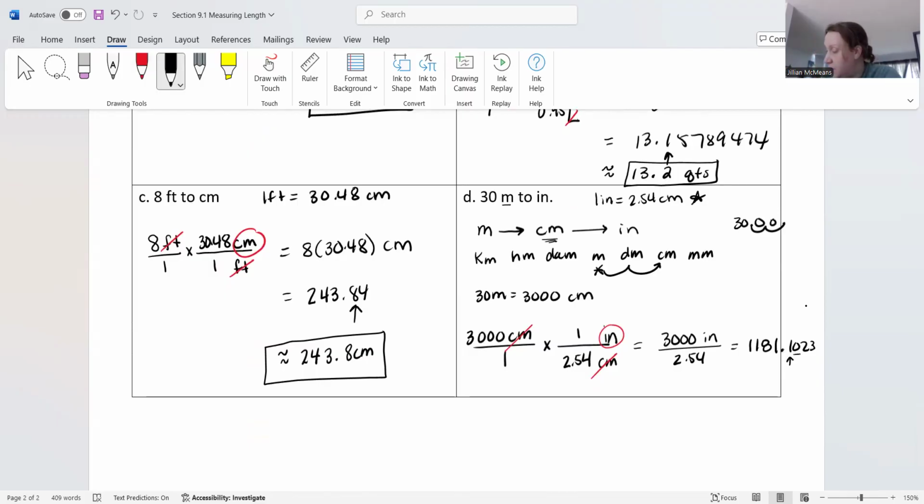To the right of that, we have a 0, which tells us to round down. That means we're going to leave the 1 in the tenths place alone, and then everything after that, we're going to chop it off. So we would say our final answer is 1,181.1 inches. So 30 meters is approximately 1,181.1 inches.